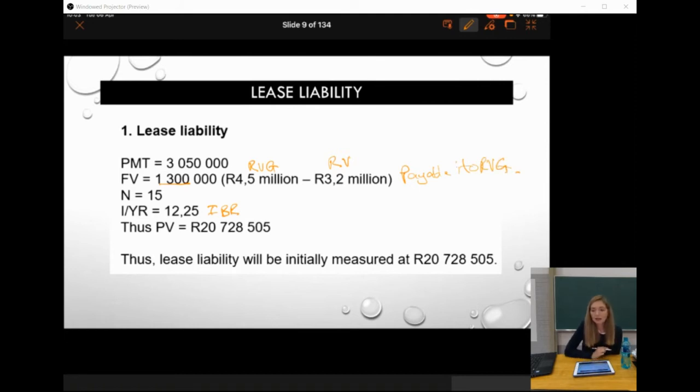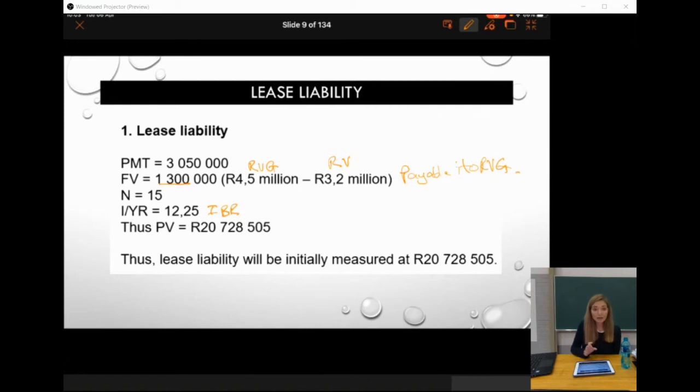Our payment had a little bit of a trick there, where it seems as if it's going to be a variable lease payment because it's an amount per unit, if I remember correctly. However, there's a minimum amount. So this minimum amount is basically then an in-substance fixed lease payment.